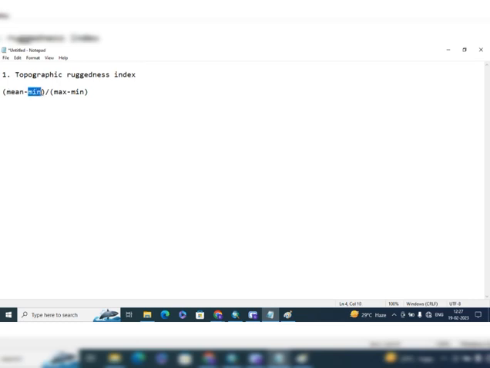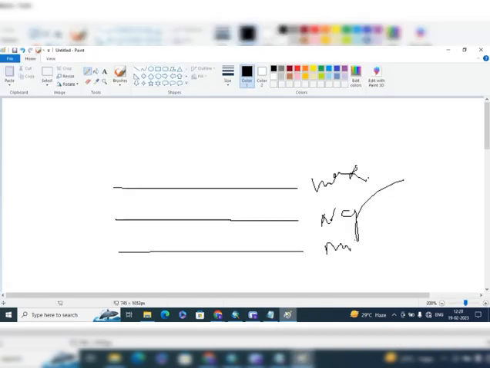And we are using this mean value, minimum value, and maximum value. These are the three important things which we should get from this calculation of the topographic ruggedness index. So this condition actually applies. What is the undulation of topography from the maximum up to the minimum level? It is indicating this one.